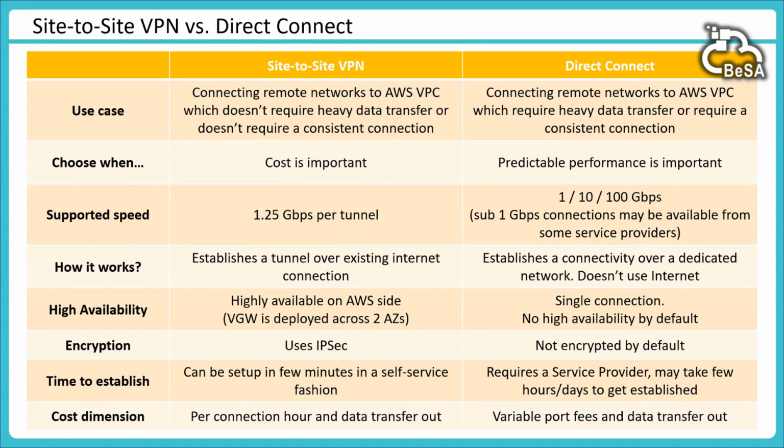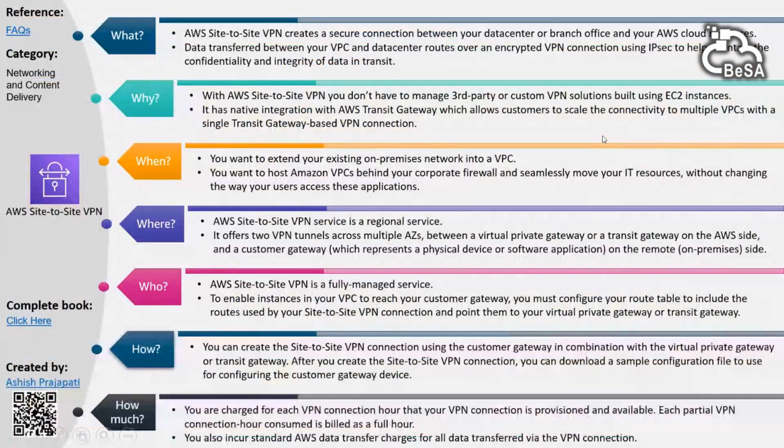Variable port fee means that if you are using a 1 Gbps connection, the cost is different from a 10 Gbps connection. This is a difference between site to site VPN and Direct Connect. I will be giving you the service summary pages of both of them. Go ahead and check the resources section. I already uploaded the one pagers of site to site VPN and Direct Connect.